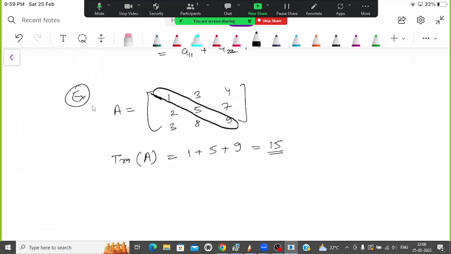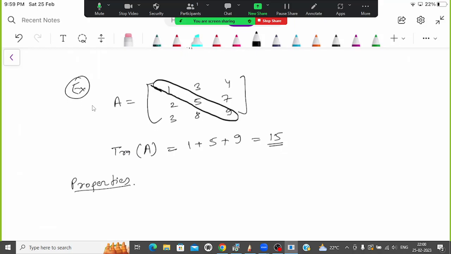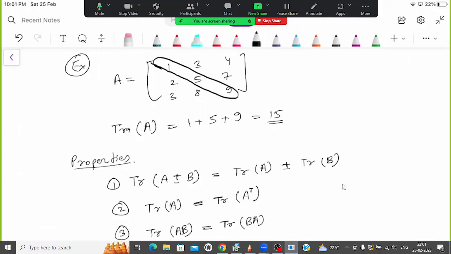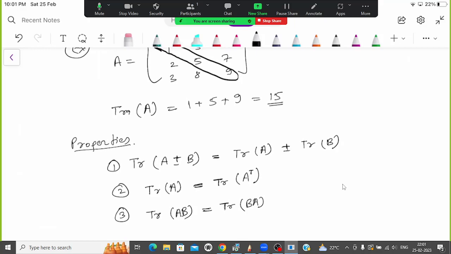So we'll see some properties of traces. Properties of traces: first property, trace of A plus minus B will be equal to trace of A plus minus trace of B. These three are properties of traces.